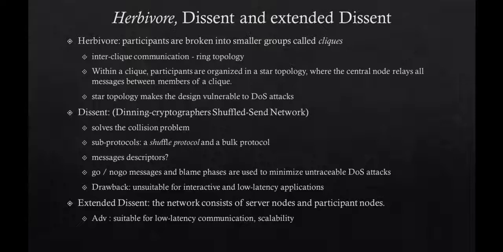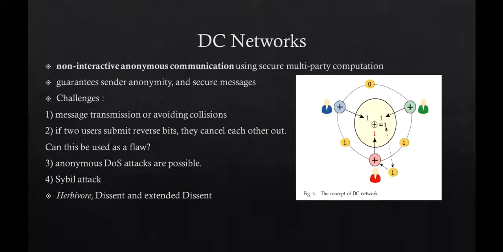For better scalability, Herbivore is built on top of DC nets. Participants are broken into smaller groups called cliques. We'll be talking about inter-clique communication and intra-clique communication. For inter-clique communication, the cliques are connected to each other in a ring topology, like in the diagram that I showed earlier.